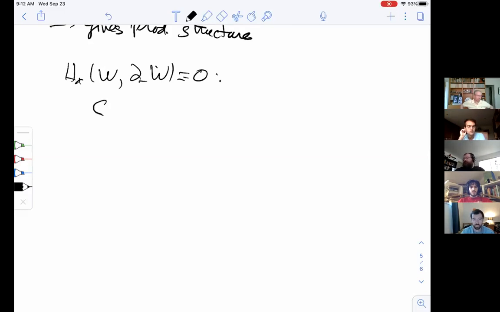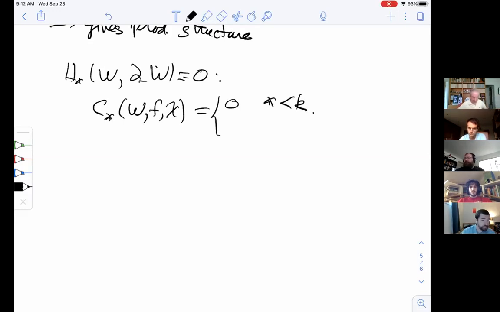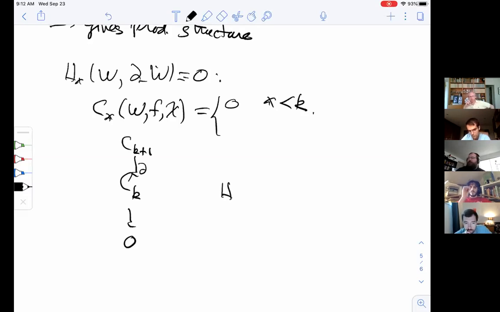And the Morse chain complex is 0 for star less than k, because I have no handles of degree less than k. So this chain complex is 0. Its first non-trivial chain group is C_k. And then I have the boundary map from C_{k+1}. And the next one down is 0, but the homology is trivial.